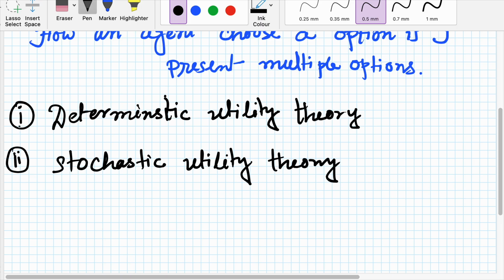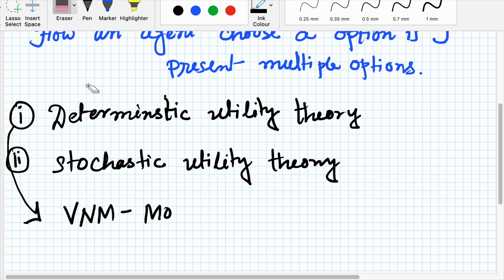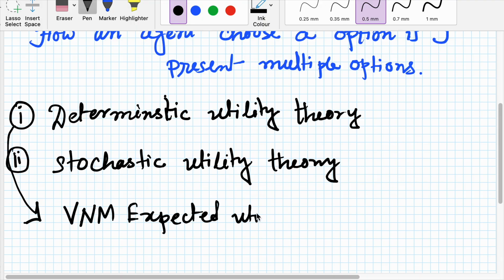The deterministic part was given by VNM, von Neumann and Morgenstern, so it is called the VNM expected utility theory.